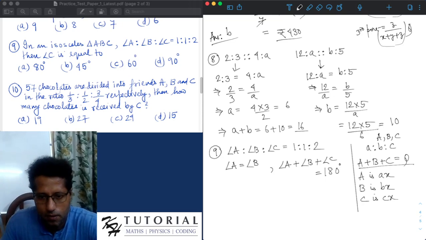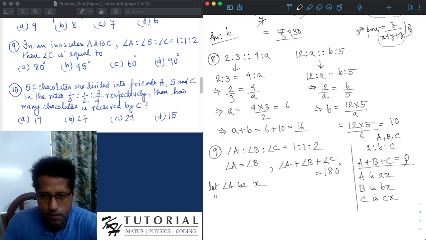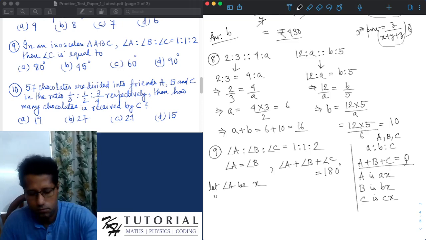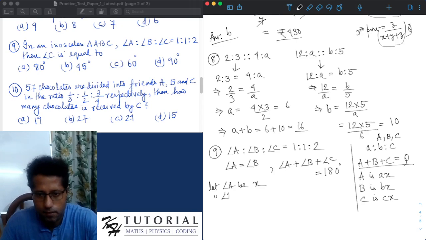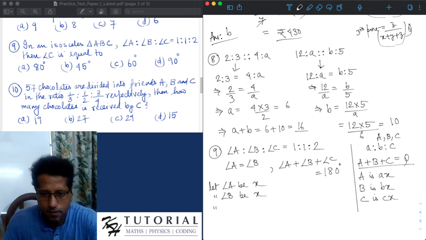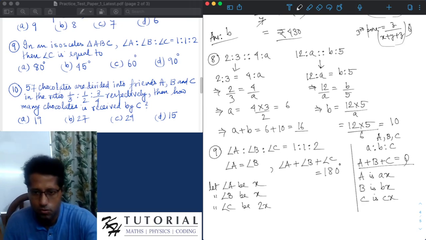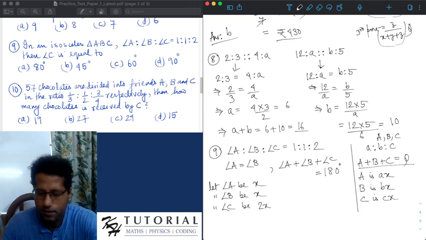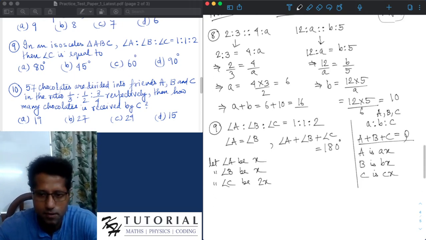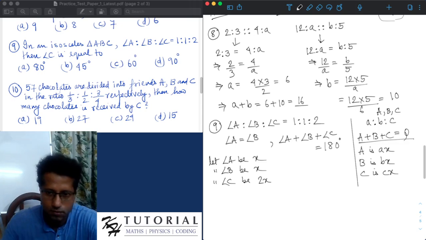So let angle A be x, let angle B be x, let angle C be 2x. Since the ratio is given to be 1 is to 1 is to 2, we are assuming angle A to be x, angle B to be x and angle C to be 2x.